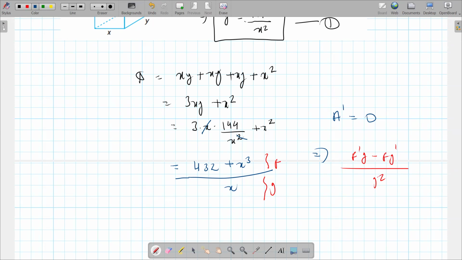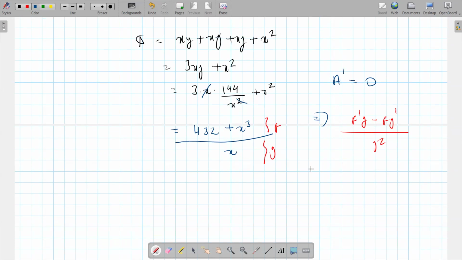So let's do this. What's F prime? What's the derivative of the numerator? 3x squared, perfect. Times g, so it's going to become 3x cubed.